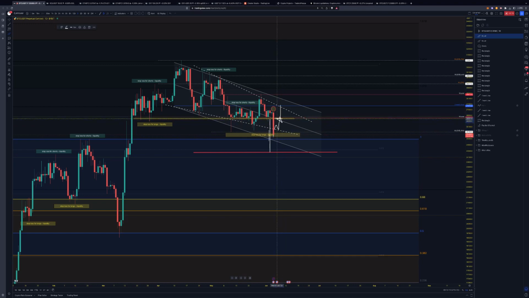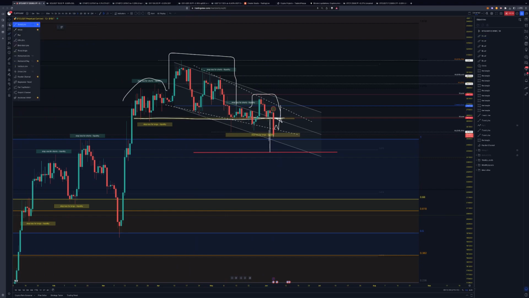And then this is the major level. This is a neckline, and this neckline, if we could assume that that's the left shoulder, this is the head, and this is the right shoulder complex. So even though this is below the neckline, it could still be valid.